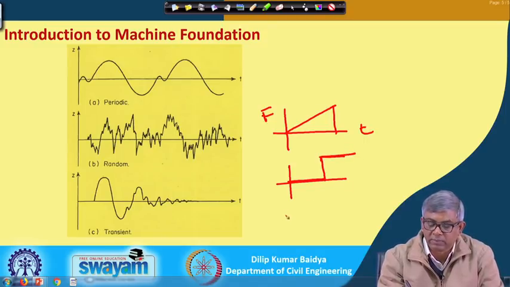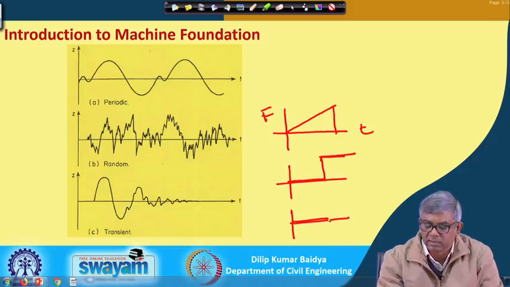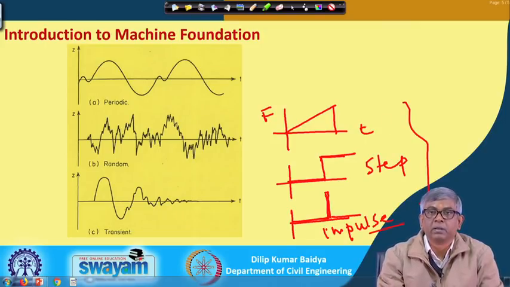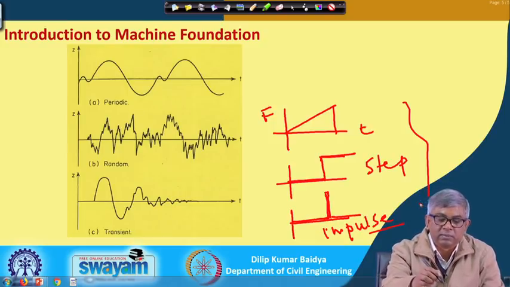So, that is another step loading, and then there can be an impulse. It goes like this for a very short period, this small force is applied and then again comes to 0. So, this is impulse, this is step, then it is impulse. So, these are all different types of transient loading.